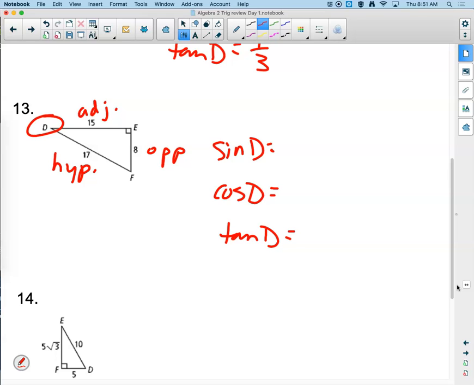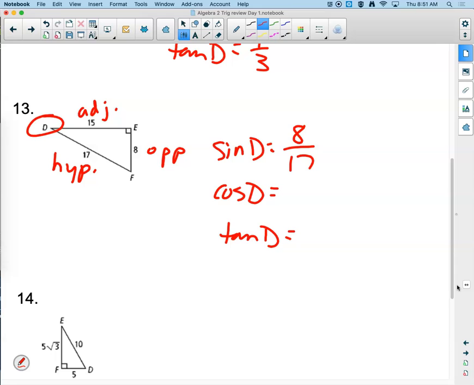Anybody need more time on number 13? Liza, what'd you get for sine? I'm sorry, a little louder. 8/17. 8 over 17. For cosine, Owen, you got cosine over there?